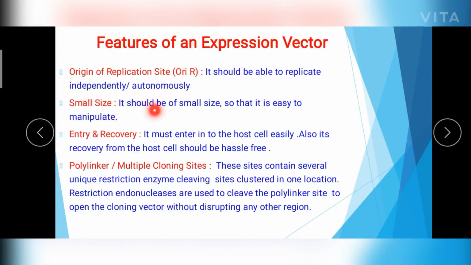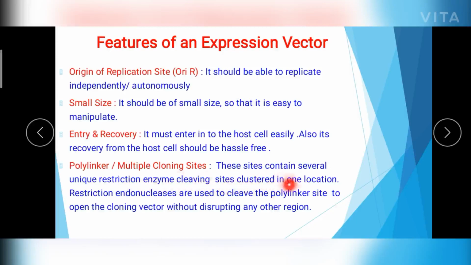The vector should also be of small size so that you can easily manipulate it. The entry and the recovery of this vector should be easy, that is, it must enter into the host cell easily, and the recovery from the host cell should be hassle free.